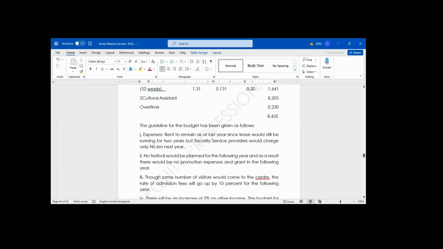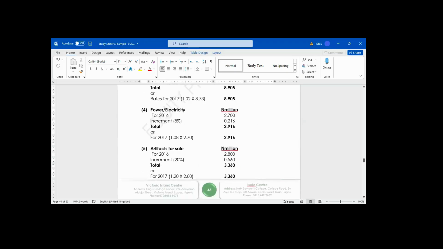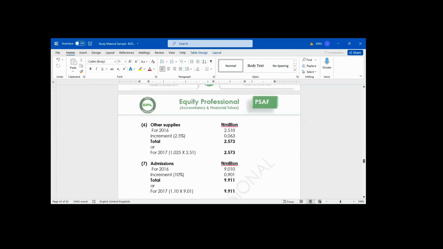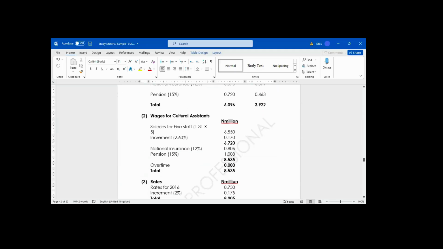Now, what is the new rate for insurance? The 12% is the new rate, because last year was 10%. They say insurance has increased to how many percent? National insurance.